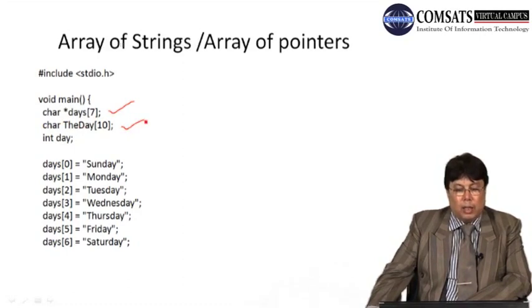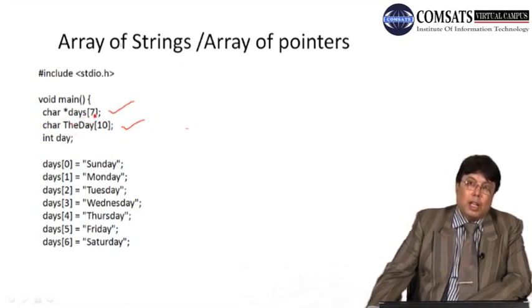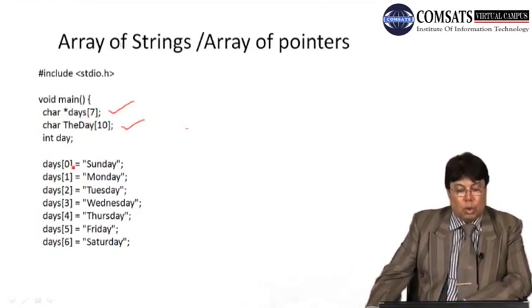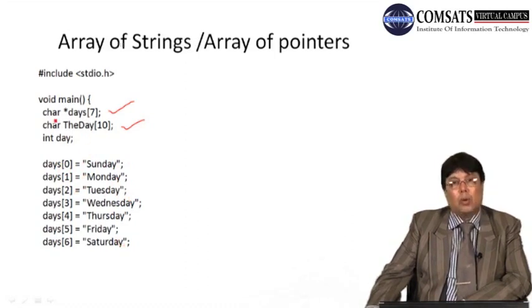Here I have defined a character array, but it is a very special array that contains not 7 characters but 7 pointers. If this were a one-dimensional array, the second dimension could not come here, but since it is a pointer, I can say day of 0 is equal to Sunday, day of 1 is equal to Monday, day of 2 Tuesday, 3 Wednesday, and so on.